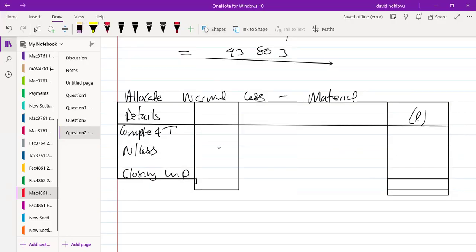So it will look something like that. There we go. What we then do, we then say this is quantity.